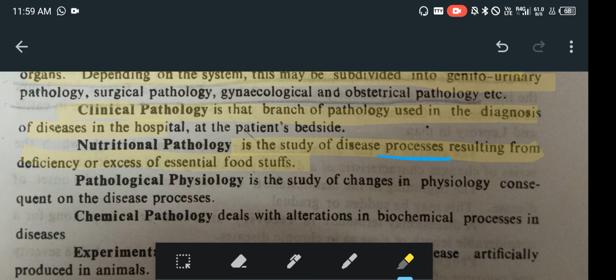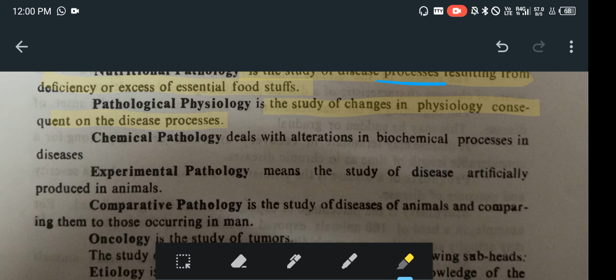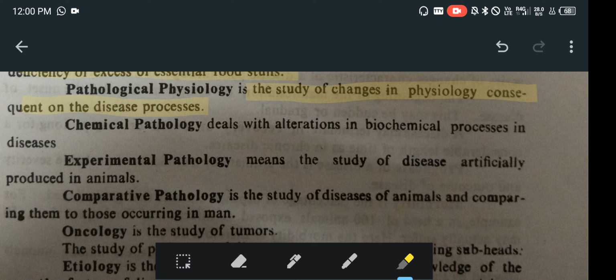These come under nutritional pathology. Now pathological physiology is the study of changes in the physiology consequent to the disease processes. Now chemical pathology deals with the alterations in biochemical processes in disease.